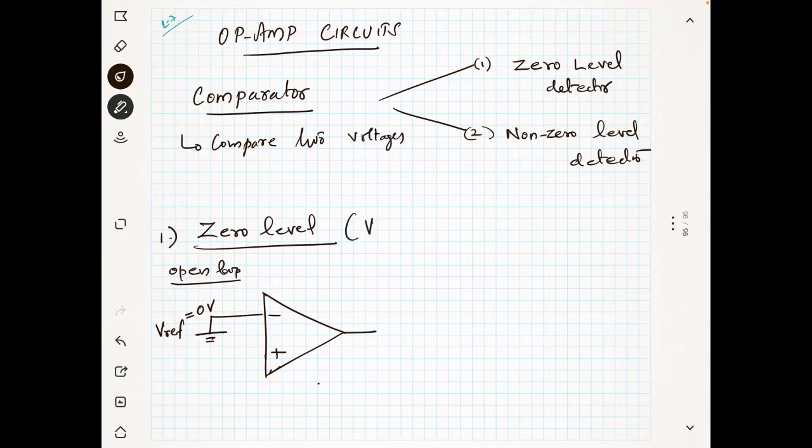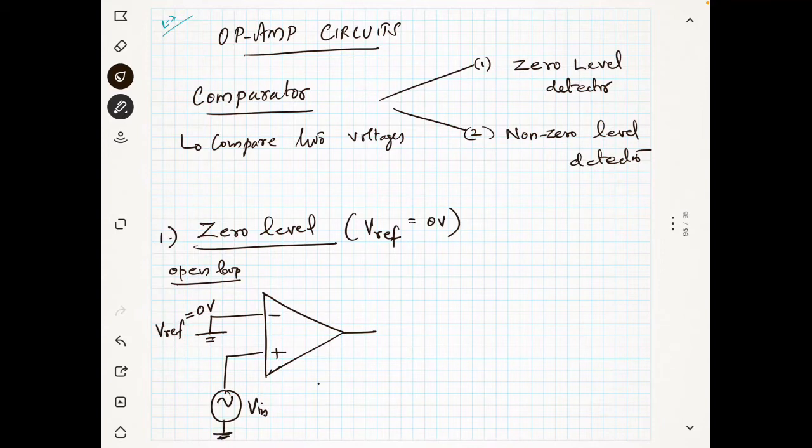We put the reference voltage at the negative terminal. You can put it at the positive terminal also, there is no issue, but usually we put it at the negative terminal, and we put our V reference as 0 volt.